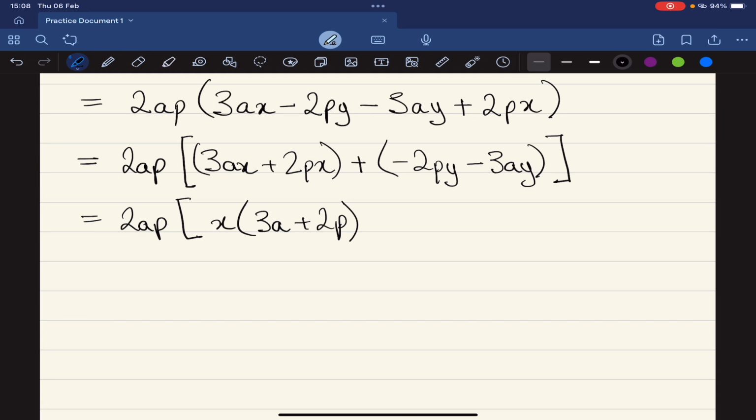And then for the second bracket, I'm going to first apply a change of sign rule here, so I'm going to change that to a minus, and then inside the bracket there I will have 2PY, and then I will have plus 3AY.